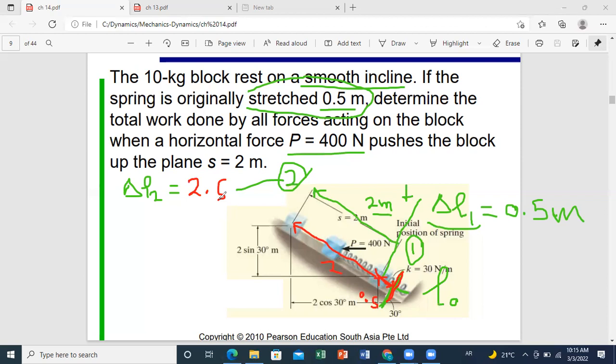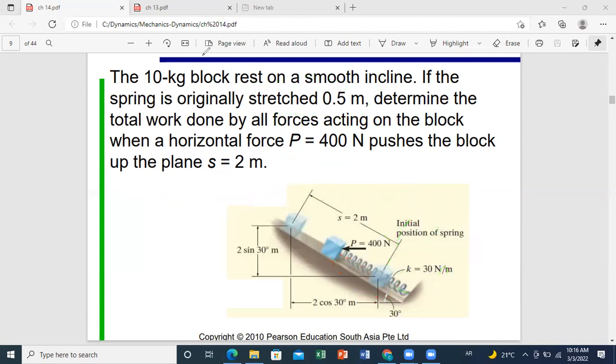Okay? So now I know the value of delta L1 and the value of delta L2, so I can already calculate the work of the spring on the block. First, let me represent all forces acting on the block and then determine the work of each force separately. First, we have, of course, the weight, which is vertical.